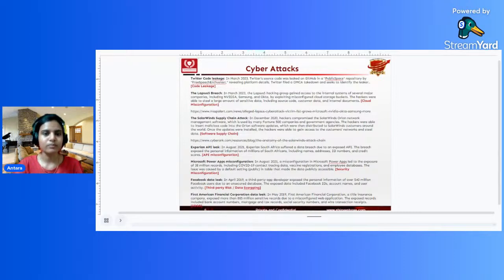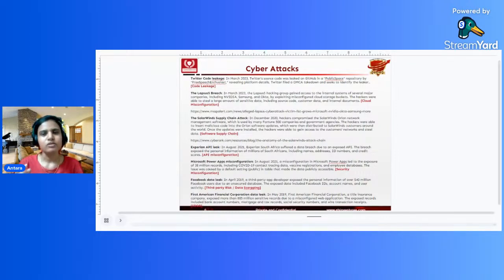This is the recent one, which happened in March 2023 last year. One of Twitter's setup code was accidentally made public on the internet, right? And an attacker was able to find it, and there are various techniques to do that.